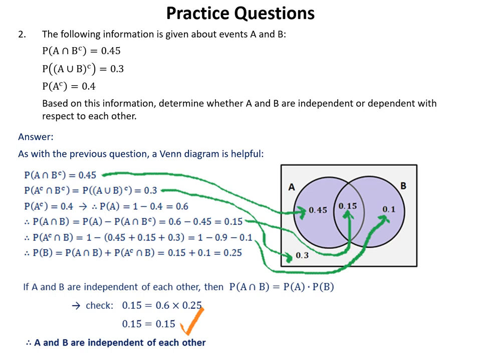So we make the assumption that the two sets can possibly have an intersection, that they may possibly overlap.